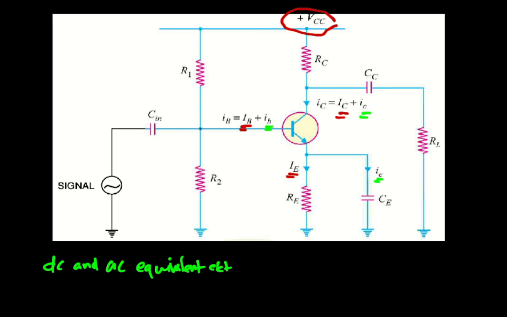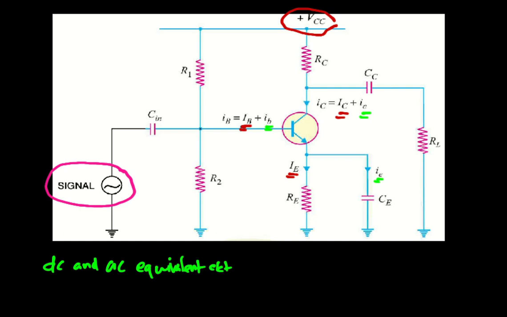For considering the DC equivalent circuit, we will consider only the DC conditions of the circuit. That means we will remove all the AC sources in the circuit. So we have to remove this AC source, and also we know that a capacitor always blocks DC and passes AC. So during the DC conditions we will open up all the capacitors.